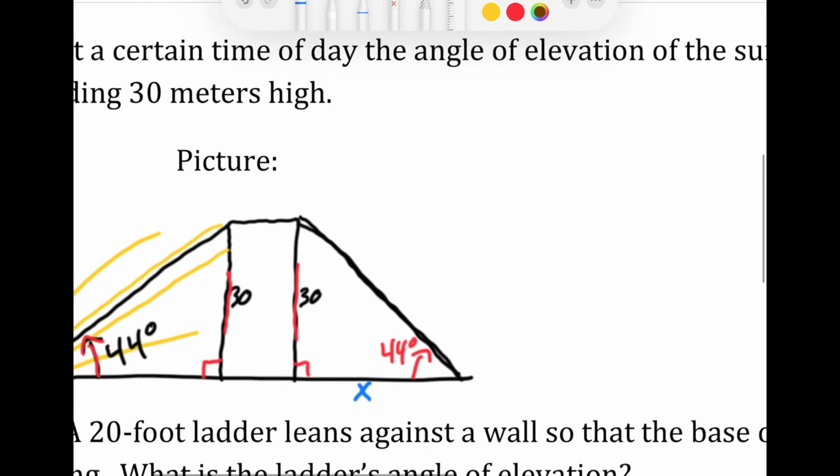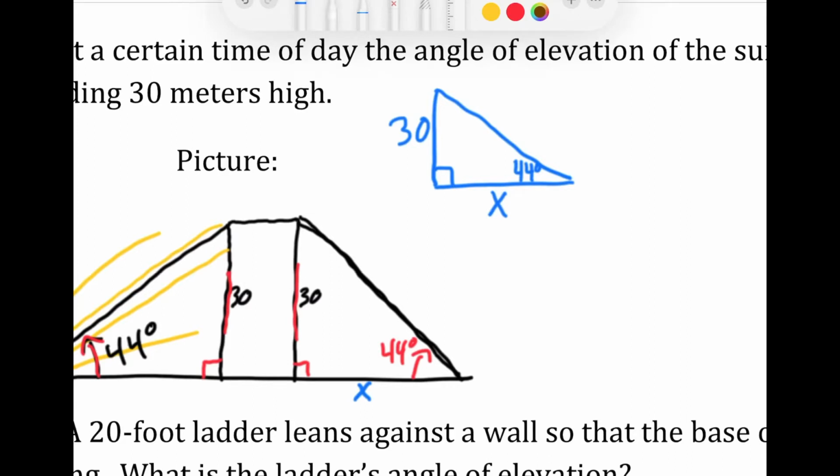So the triangle we're truly looking at is a 90 degree triangle, or right triangle. x as the bottom leg, 30 as the left leg, and 44 degrees given for one of the angles. And then we go into, what do we know? What do we need to find out?